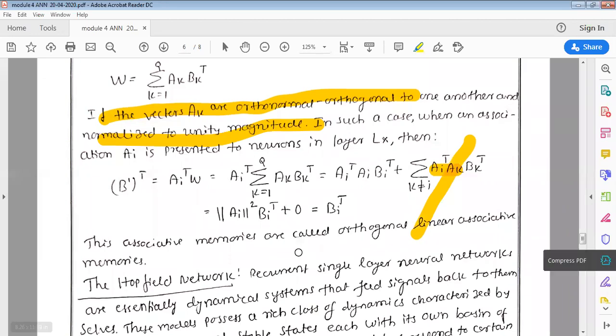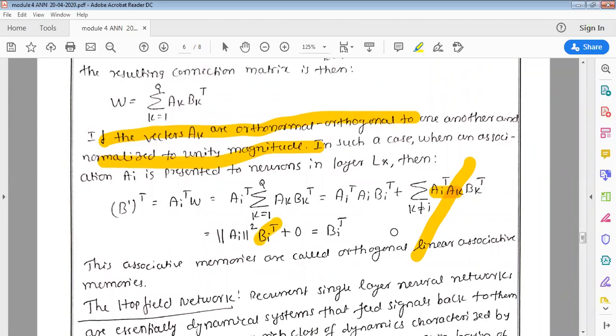The remaining term I have is Ai transpose into Ai into Bi transpose, which is nothing but Ai square into Bi transpose. But what is Ai square? Ai is a vector which is orthonormal, that is, the magnitude of Ai is 1. Therefore, 1 square is equal to 1 only. So ultimately, you are going to have only Bi transpose.